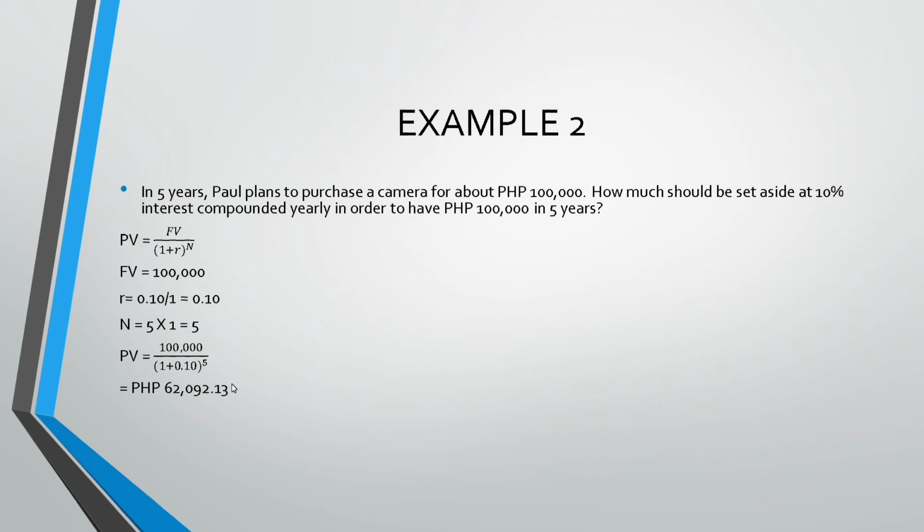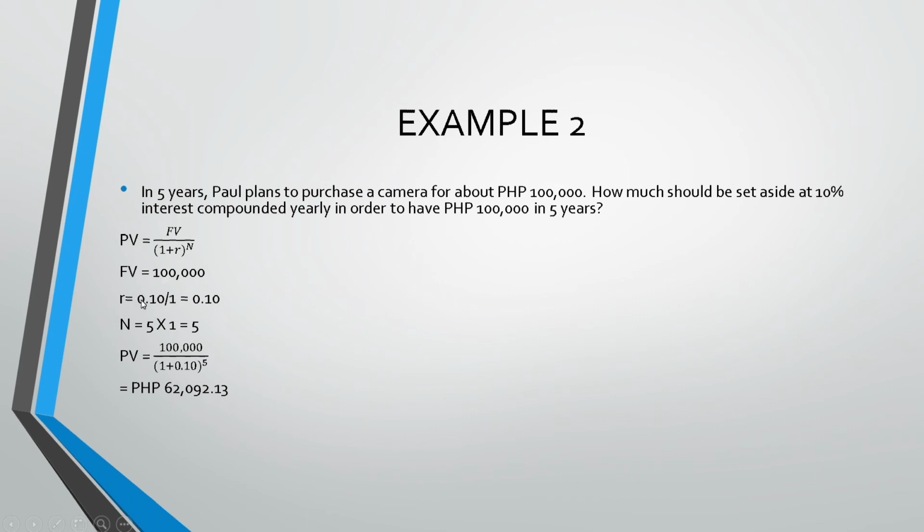How much should be set aside at 10% interest compounded yearly in order to have 100,000 in 5 years? Again, the formula is present value is equal to future value all over 1 plus R raised to N. So the value of our future value is 100,000 pesos, 100,000 pesos in 5 years.